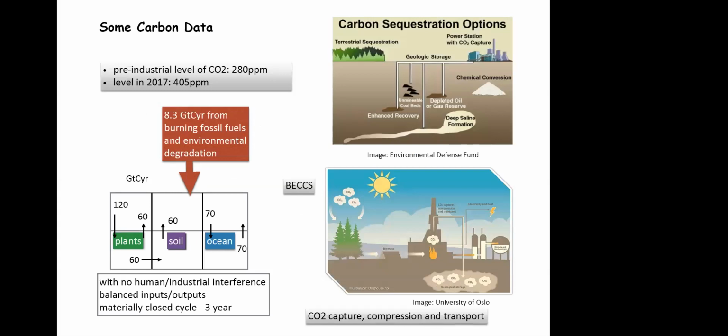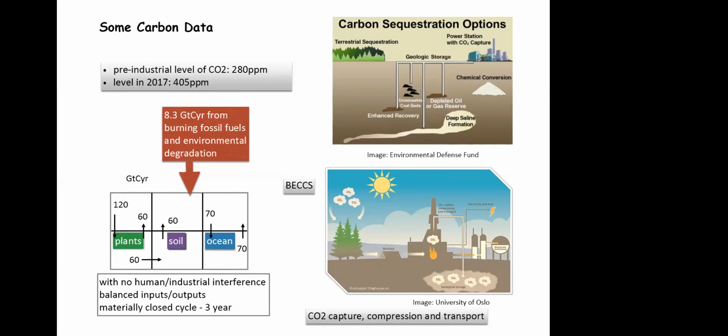Some more carbon data. If we look at this graph in the bottom left-hand corner, this gives a very schematic indication of how carbon moves around in the atmosphere when there's no intervention from our human industrial processes involved. So it's a balance of inputs and outputs, and it's a materially closed cycle which takes about 3 years to complete, with 120 gigatons of carbon a year going down into the plants.